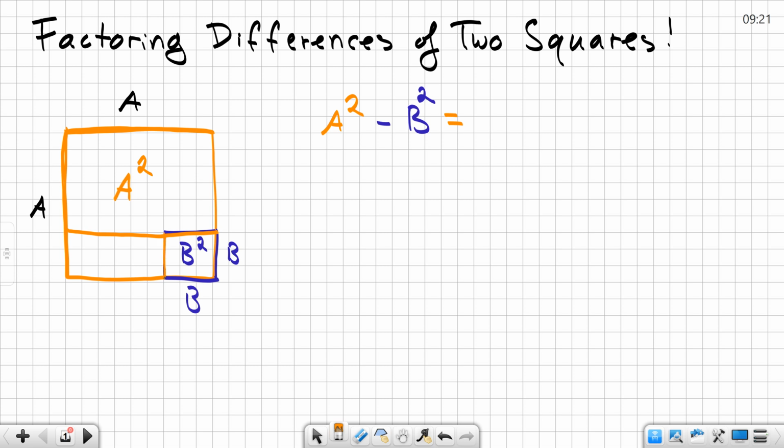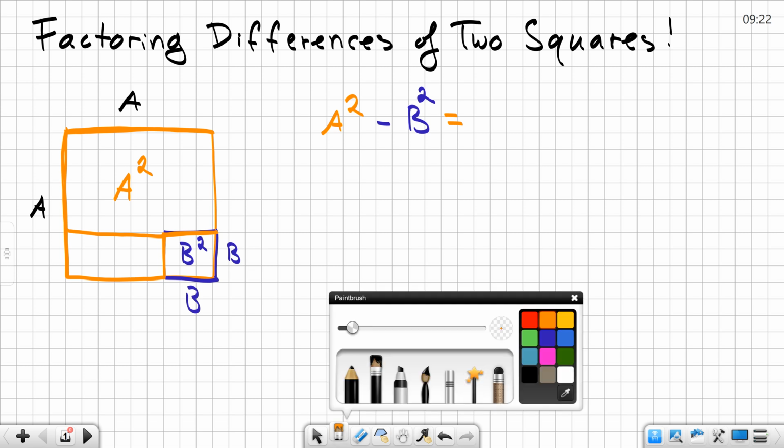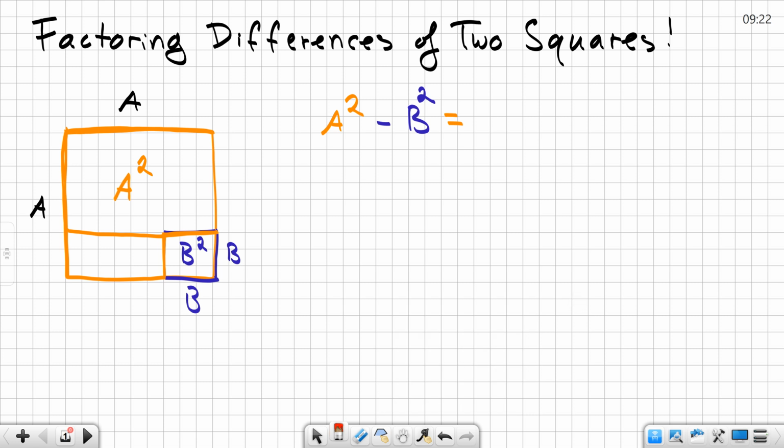And how many pieces would I have? This corner down here is gone. I cut this out. So let's have a look at what we got. Let's write this in red.